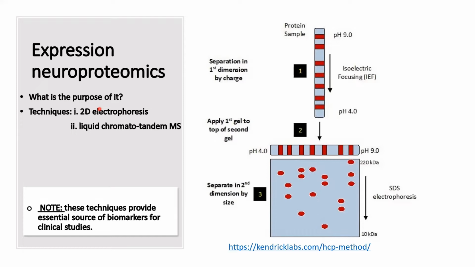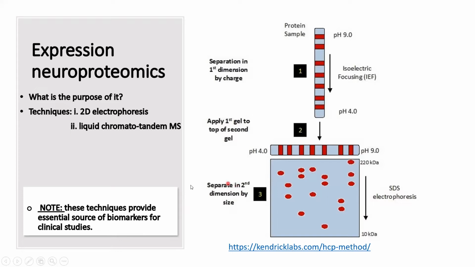After understanding the aim of this field, let's talk about the most commonly applied techniques. The first technique is two-dimensional electrophoresis, which separates complex protein mixtures first by charge, as we can see in the figure, and secondly by molecular weight or size.